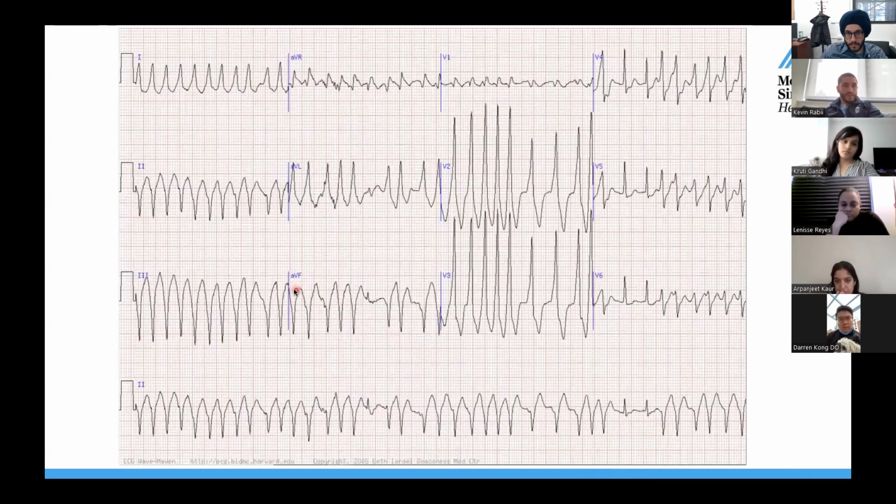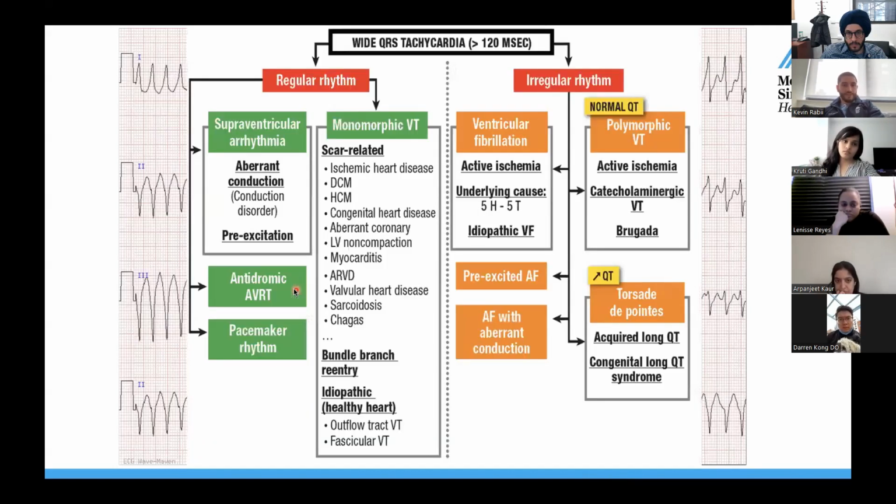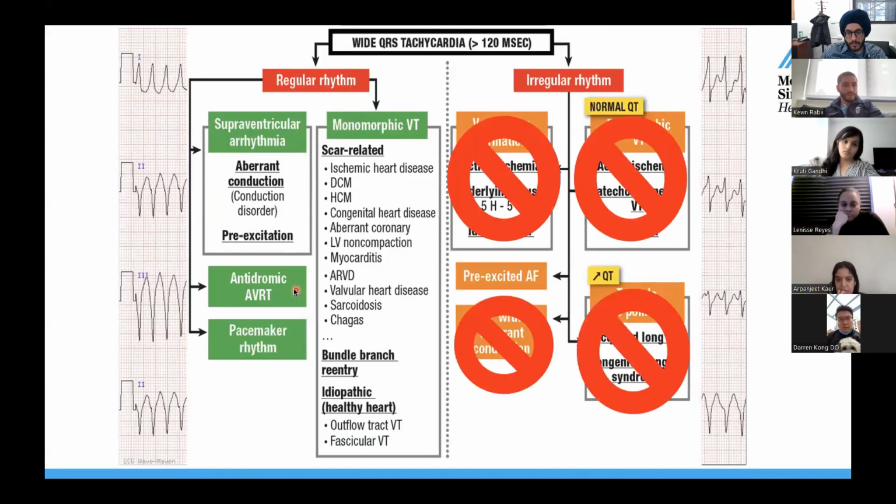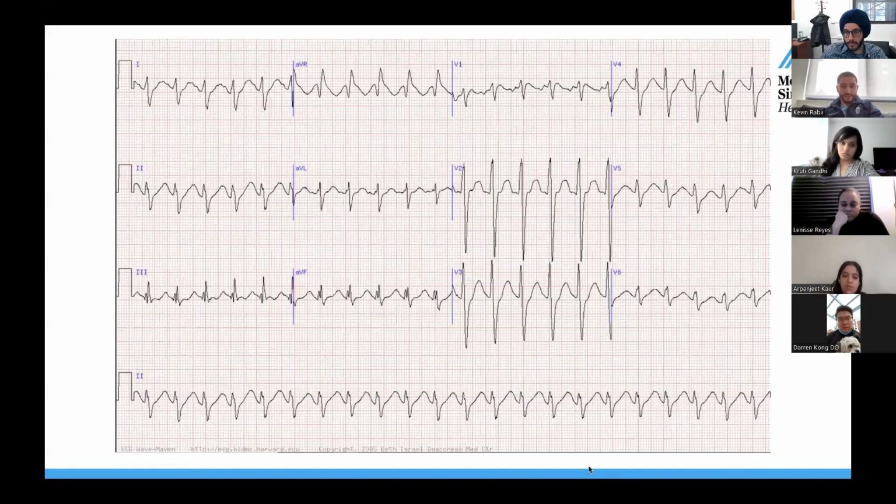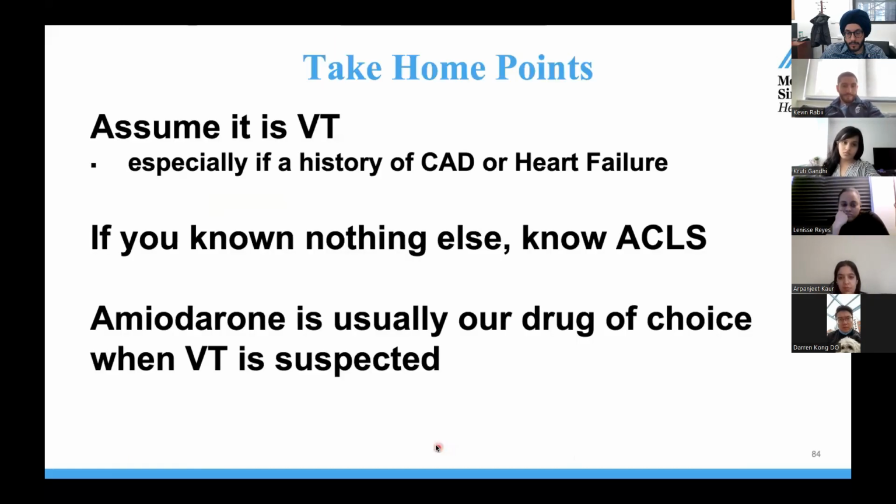I'm going to skip these just because we only have a minute or two left, and I want to show you some of the key takeaway points for today. Always assume it's VT unless proven otherwise.